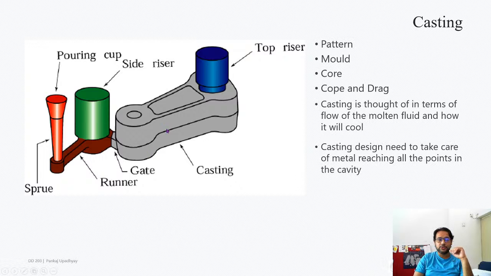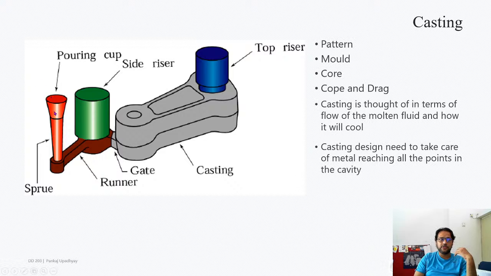For the metal to go through, there are some other stages. First is this pouring cup. It is a small area which makes it easy for the manufacturer to pour molten material into this space, and the design can vary slightly. This is called the pouring cup.